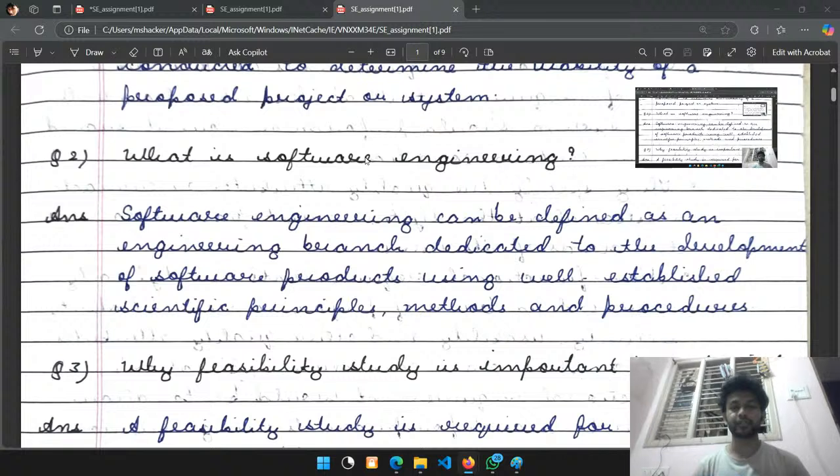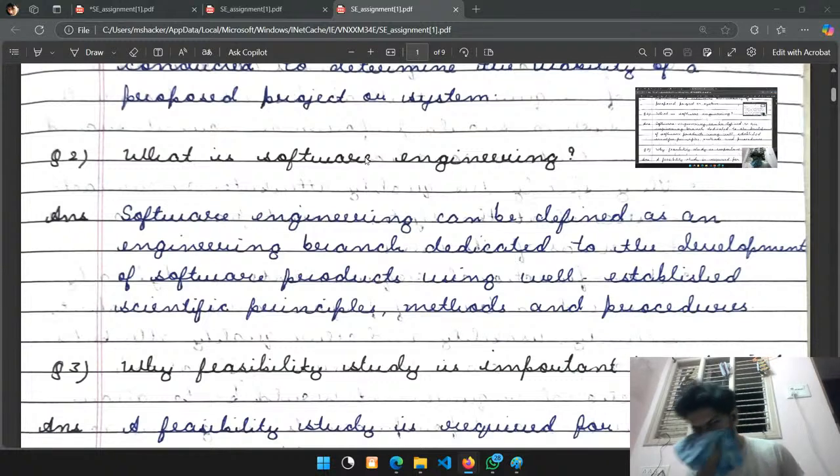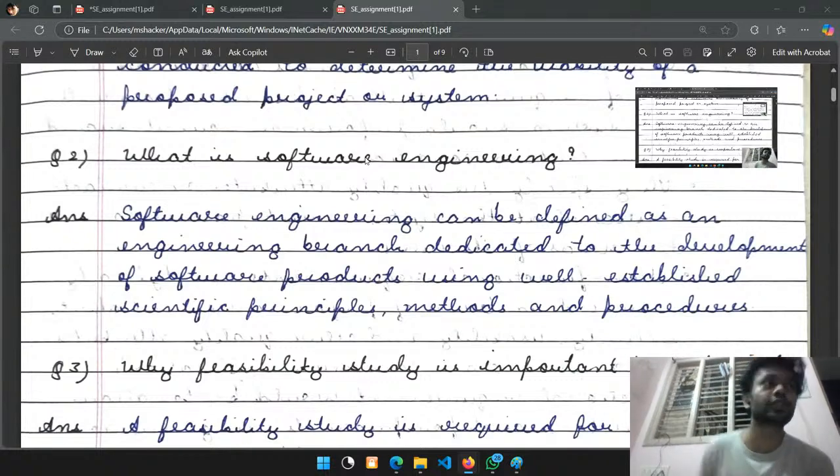What is software engineering? Software engineering can be defined as an engineering branch dedicated to developing a software product using well-established scientific principles, methods, and procedures. So, what is software engineering according to me?